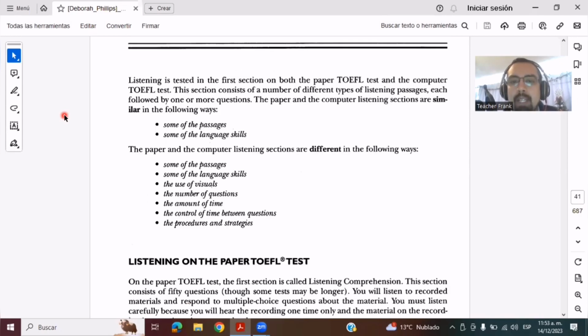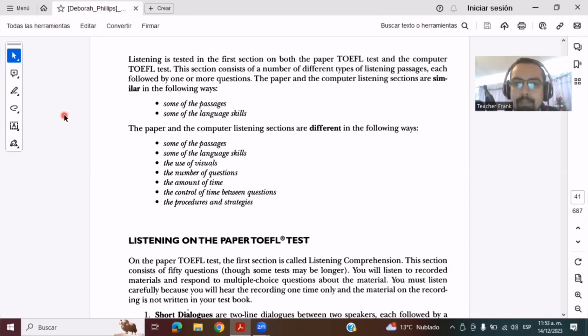Okay, so let's begin. The listening part, like it says here, consists of a number of different types of listening passages, and each are followed by some questions. Now, all of the TOEFL, you got to know from the beginning, is multiple choice, okay? So you have 4 options.